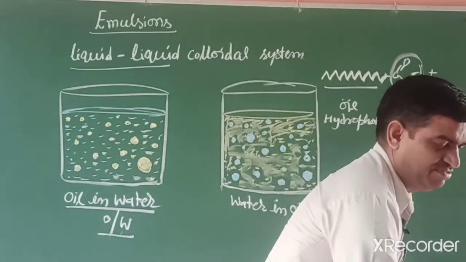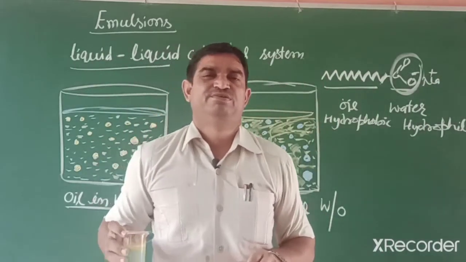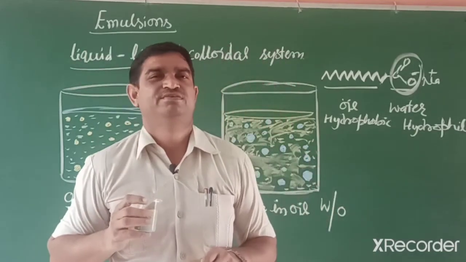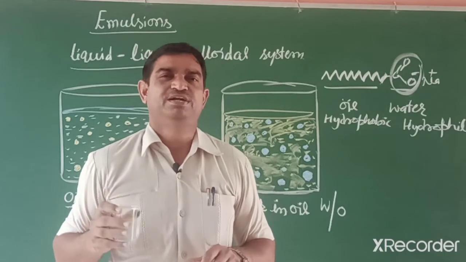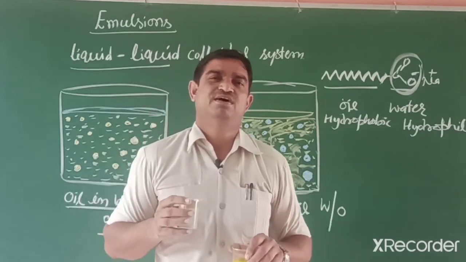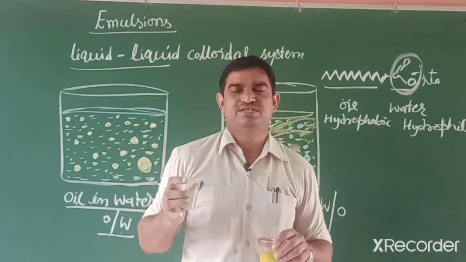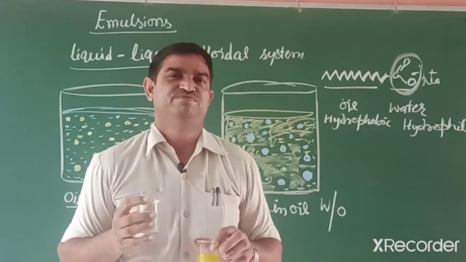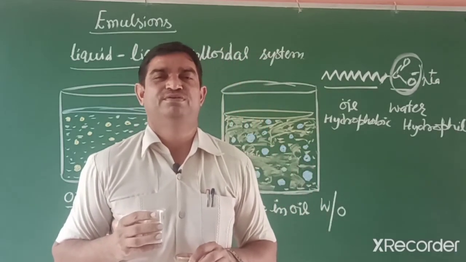And in daily life, what are the examples? An oil in water example is milk. We know that in milk, oil means fats are in lesser amount and water is in more amount. So milk is an example of a colloid, and vanishing cream is also an example.